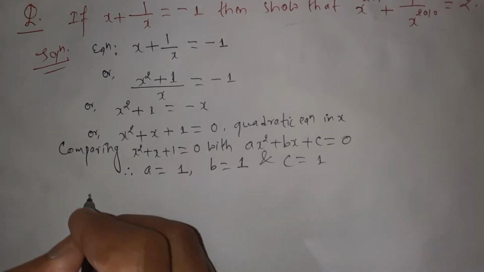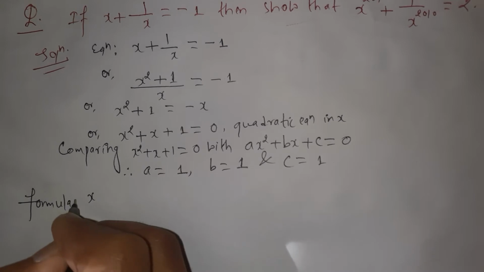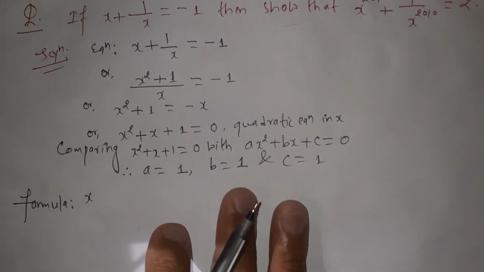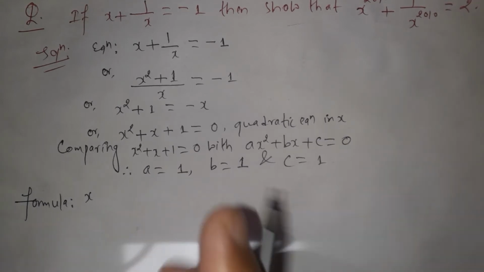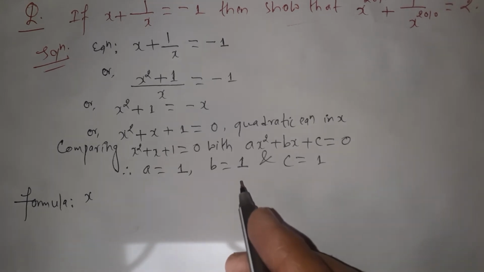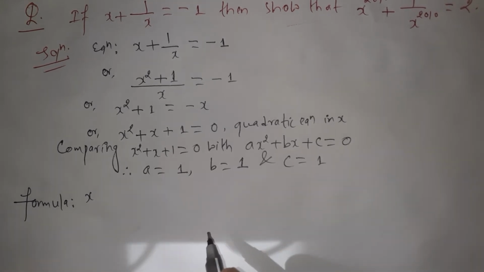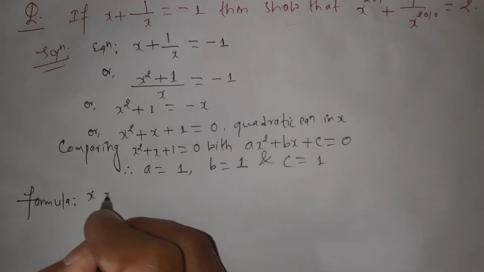Now using the formula, please remember this formula to solve any quadratic equation. I already made a separate video on quadratic equations and their properties. First of all, watch that video, then you will be very clear about the lesson on quadratic equations. Now solving this quadratic equation just by using the formula.